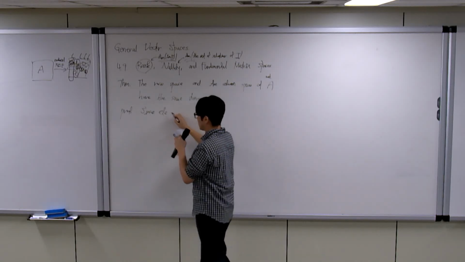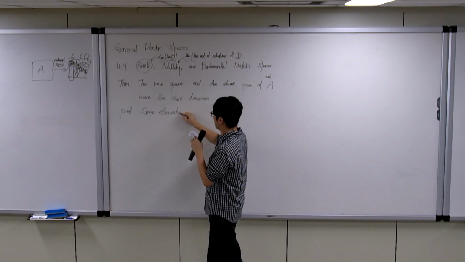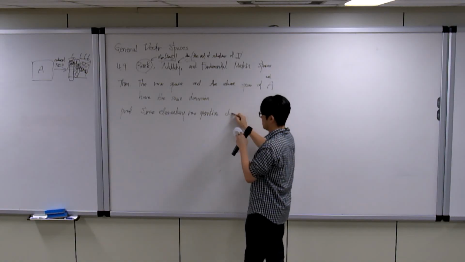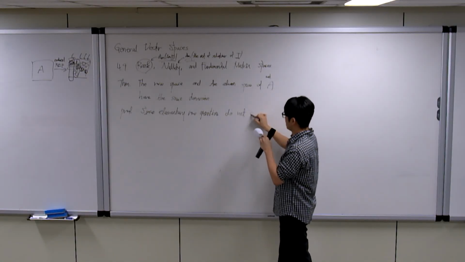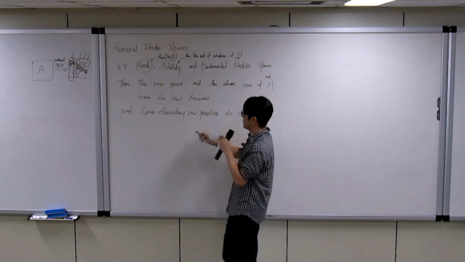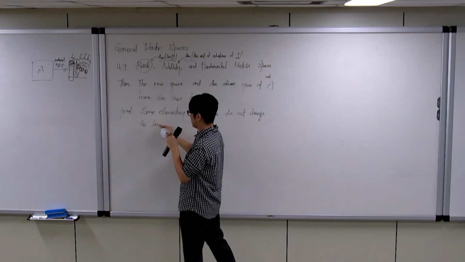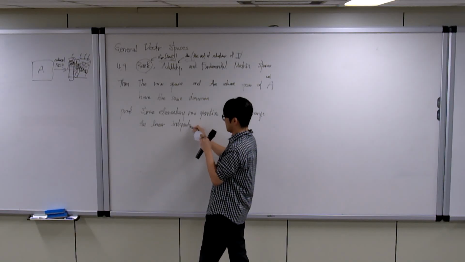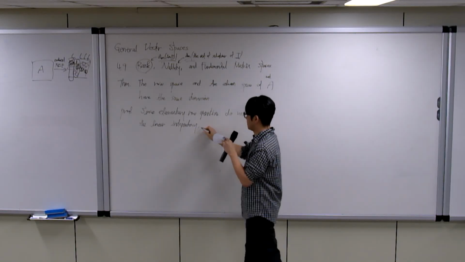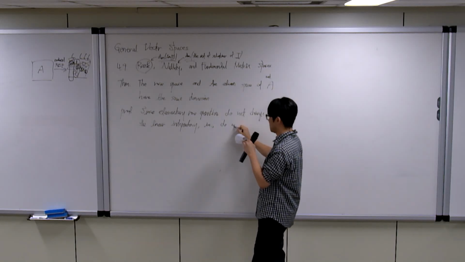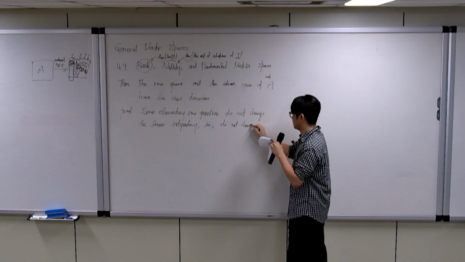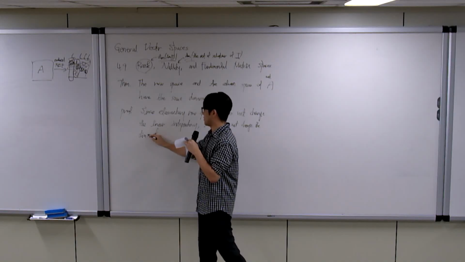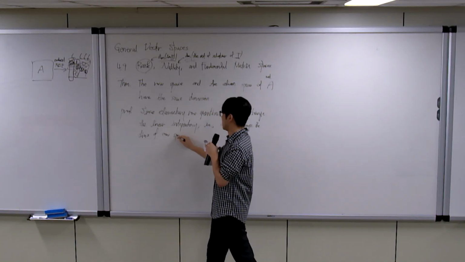Since the elementary row operations do not change the linear independency, that means they do not change the dimension of row space and column space.